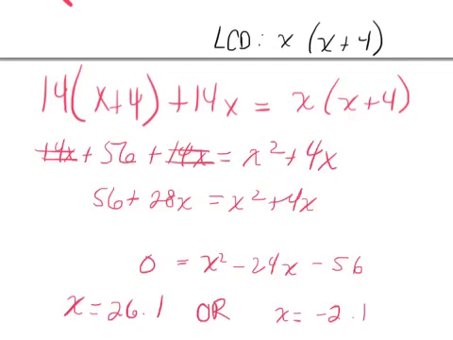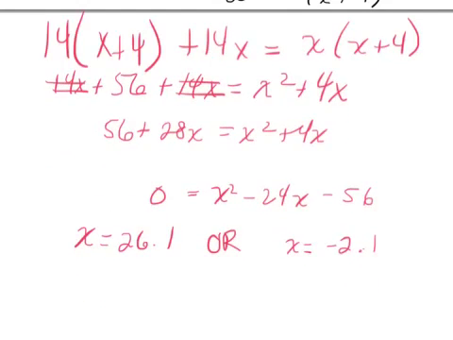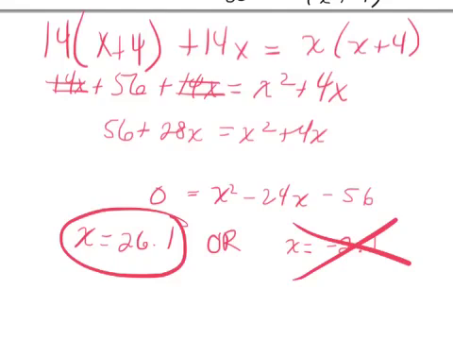So x represents what in this problem, people? The number of hours. Can there be a negative number of hours? So the number of hours it takes the larger gun is this number. But what did we want? The number of hours it takes the smaller. So what should we do to that number?